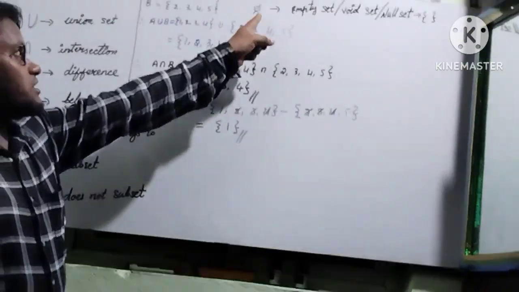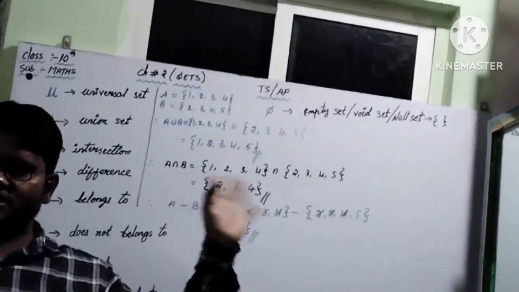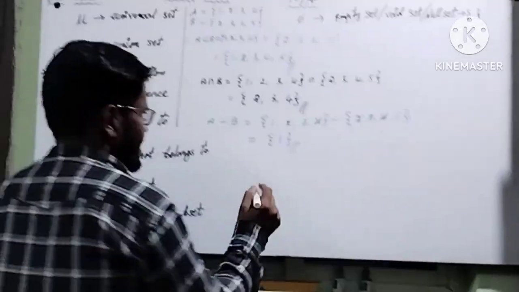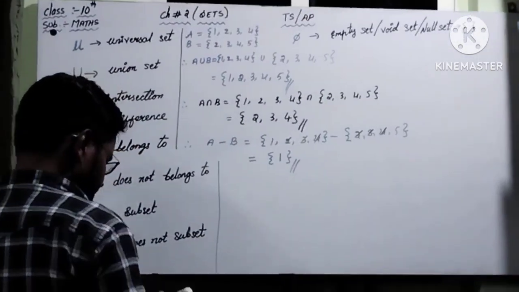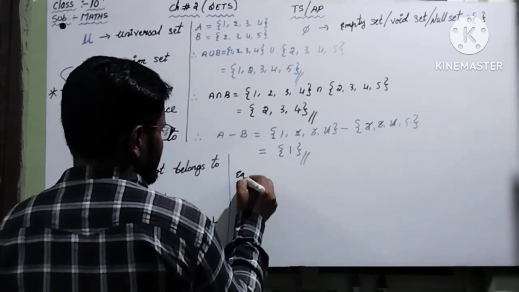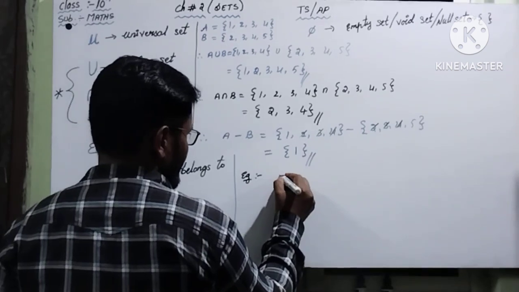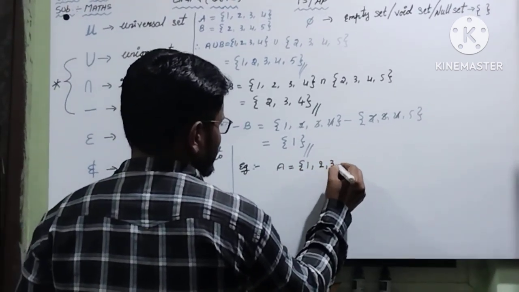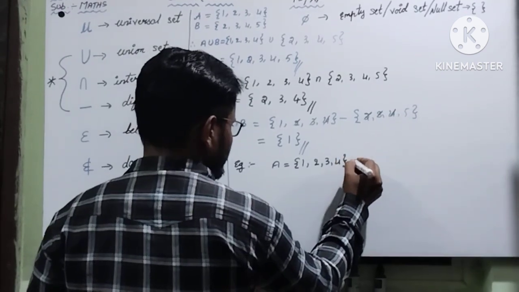Okay, you can use this symbol or that symbol. Any one symbol you can use. And one more thing, suppose there are no elements. Let's see one more example. See now, one example here. Suppose A contains elements 1, 2, 3, 4.